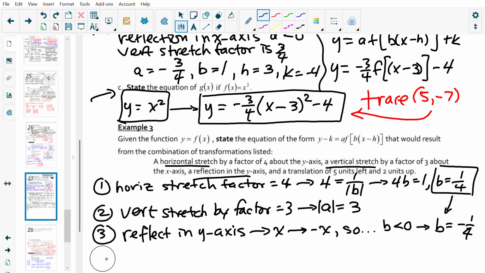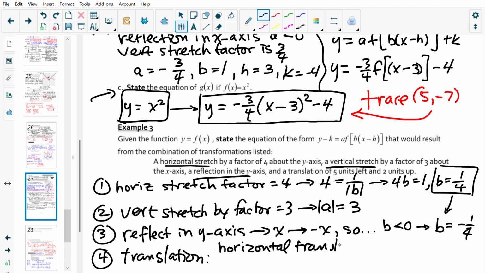Number 4. I have a translation. Horizontal translation.